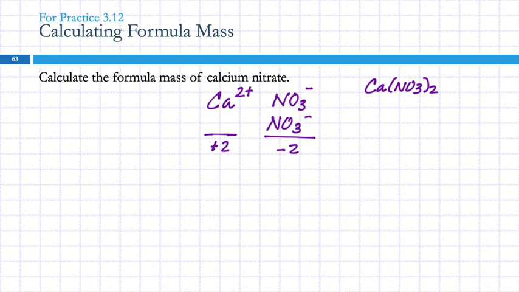Okay, calculate the formula mass of this formula. Very fair exam question. So in this formula, how many calcium atoms are there? There's 1. So I have 1 calcium atom, and how much does each calcium atom weigh?